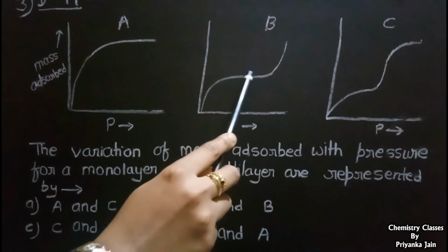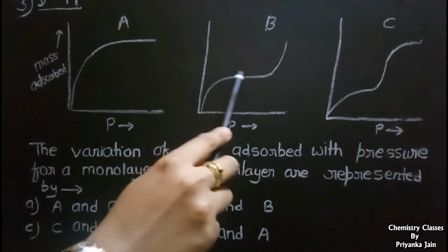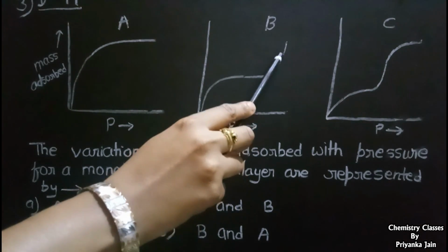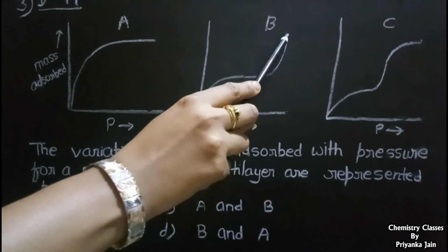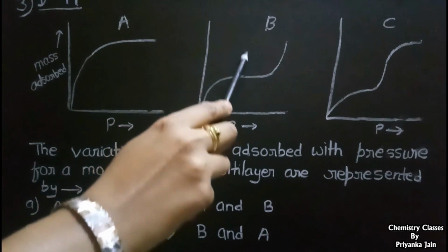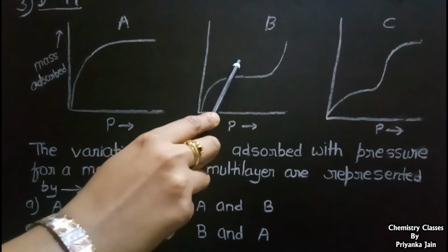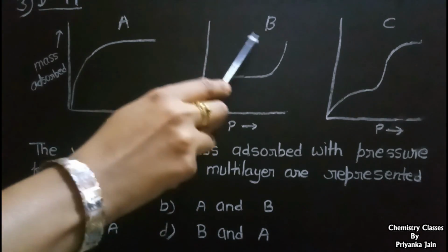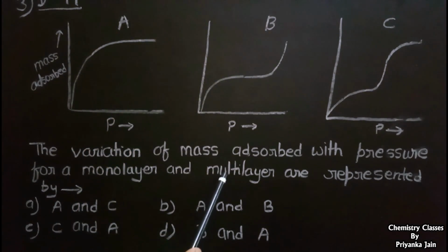Because here a monolayer has been formed. Now when we increase the pressure, a multilayer is formed, so the rate of adsorption again increases. So in graph B there is multilayer adsorption, that is according to the BET theory. So this curve is for the multilayer adsorption. So our option B, that is A and B respectively, will be the right answer.